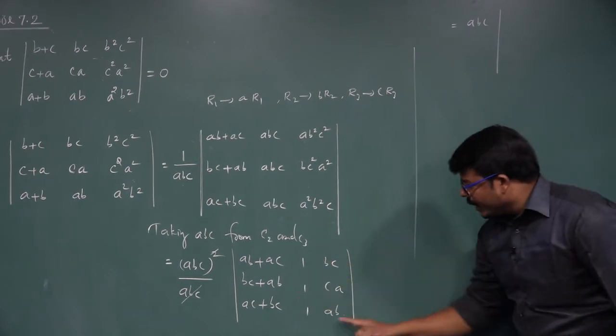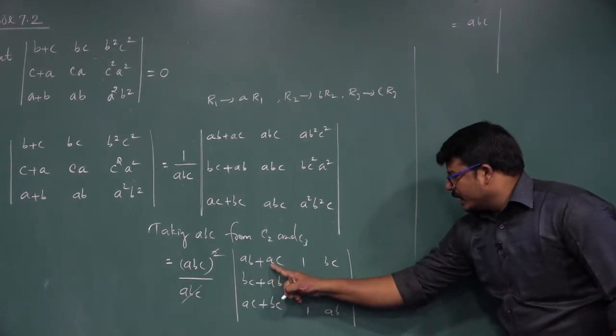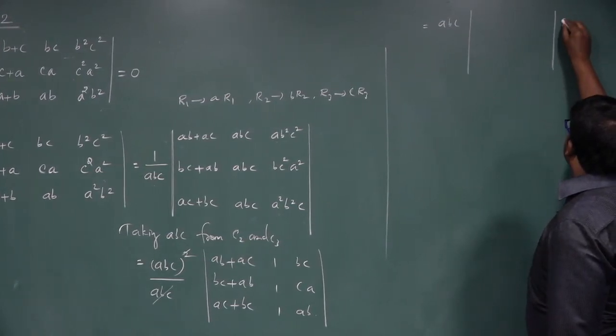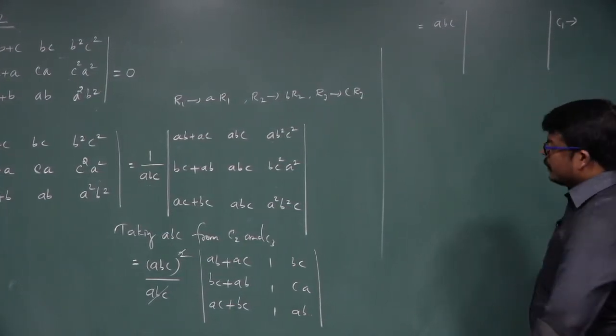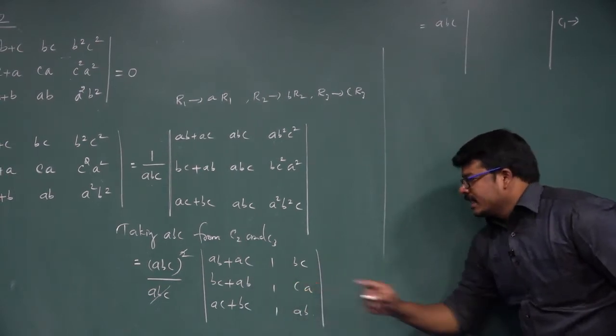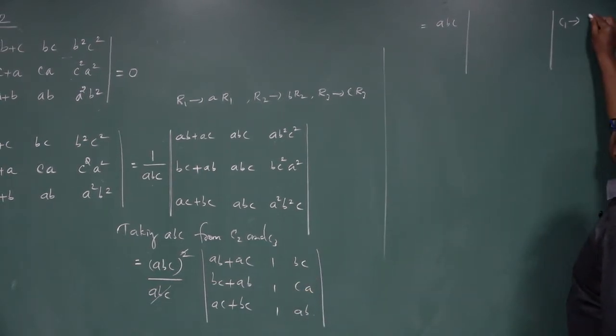Now reduce the determinant. In the first column apply C1 gives C1 plus C3, adding the two columns.